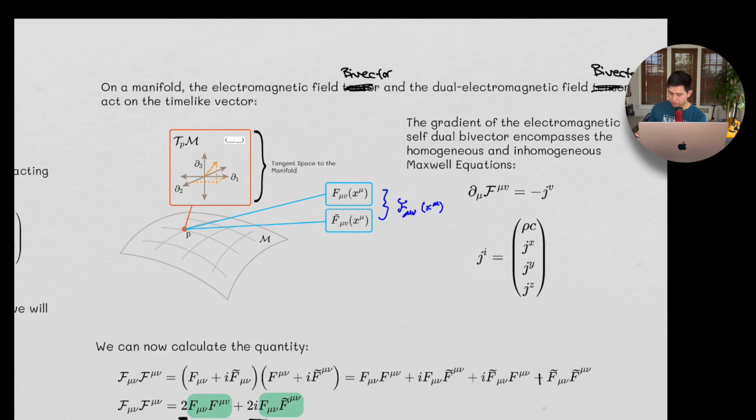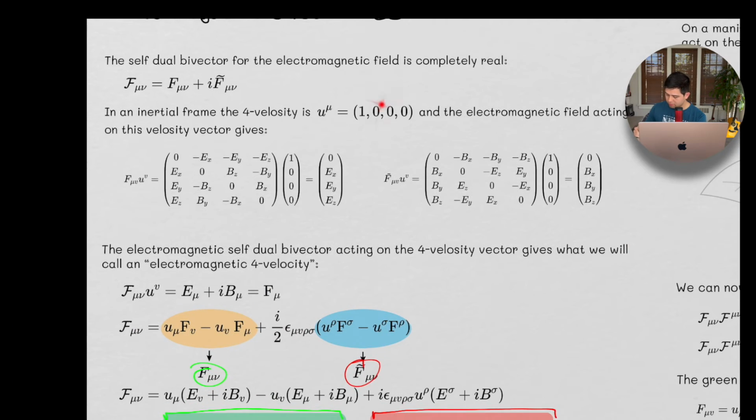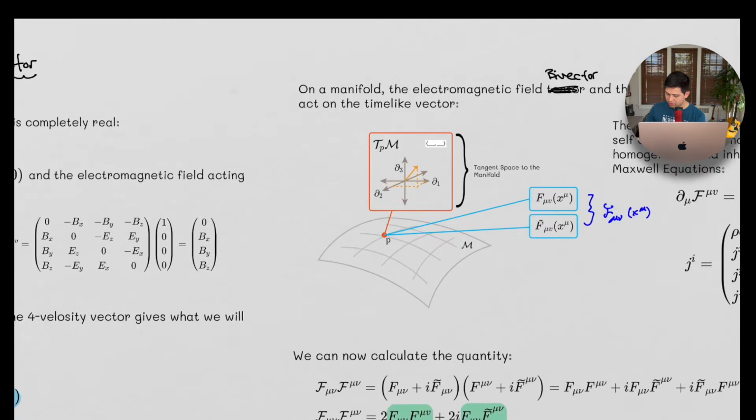All right, so on a manifold, these electromagnetic field bivectors and the dual magnetic field bivector act on the time-like vector. That time-like vector, again, is this forward velocity.